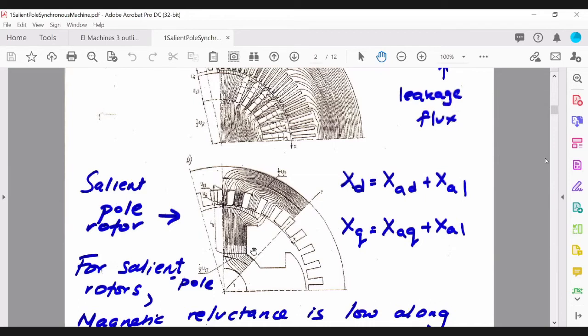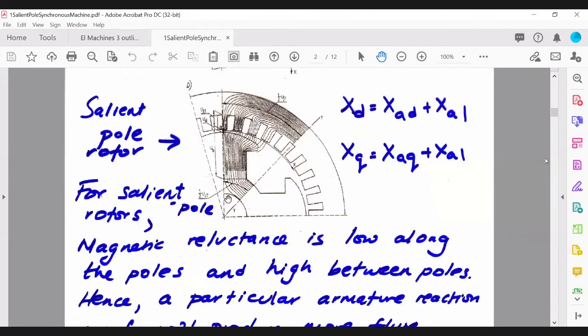Obviously, if the air gap is larger, you will have more reluctance and less flux passing in this axis as compared to an axis where you have less reluctance. Obviously, then you have more flux passing in this axis. Right, so now because you have two different reluctances, the magnetic reluctance along the poles is low, and it will be high along the interpole area.